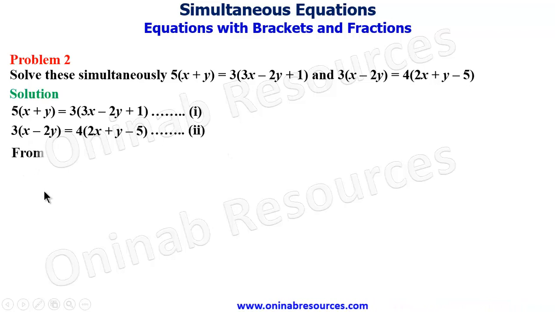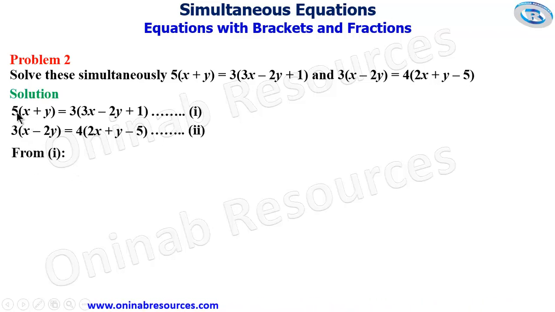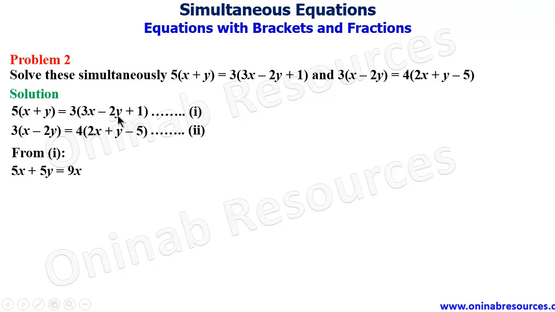So from equation 1, we are going to multiply 5 by every term in the bracket. So we have 5x + 5y. This is going to be equal to 9x - 6y + 3. So we collect the like terms. For information, the sides can be interchanged.